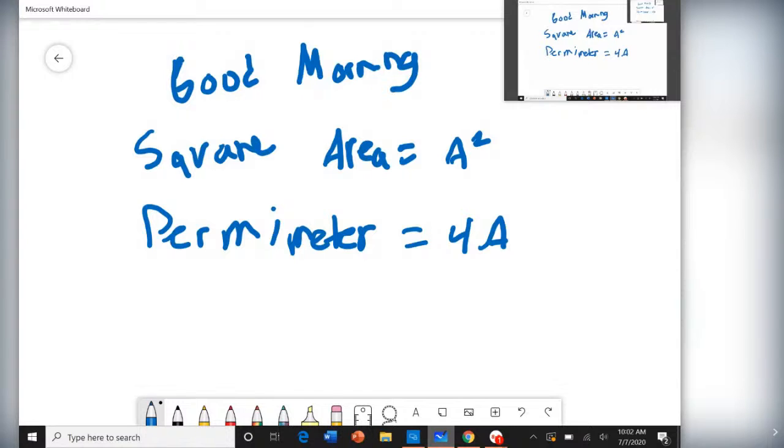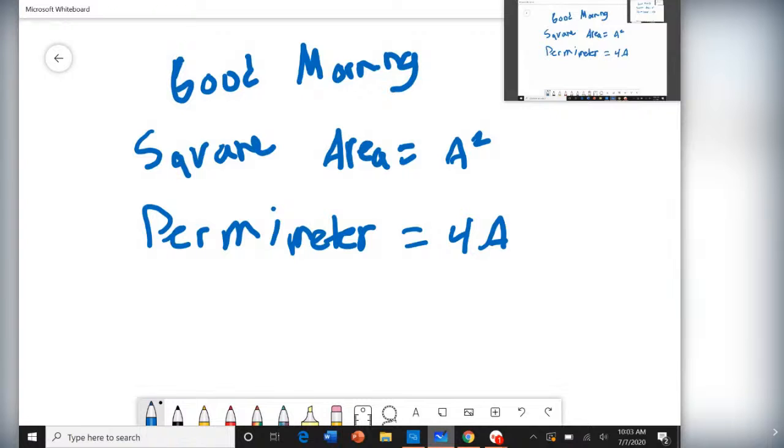Then I gave you a formula sheet, and these were the formulas for a square. The area is a squared, so it's just one of the sides squared, and the perimeter would be 4a. I want to focus on squares first, then we'll do rectangles.